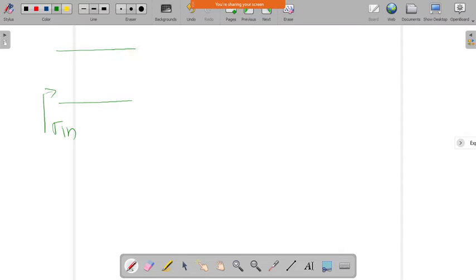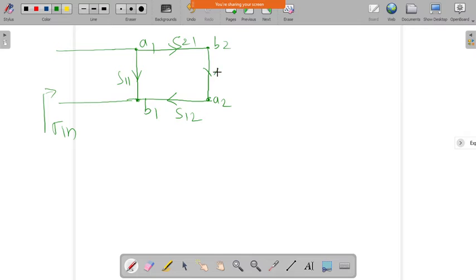We have node A1 and node B1, with S11, and we have node B2 and node A2, which will have S12 and S21, and we have gamma L and also S22.